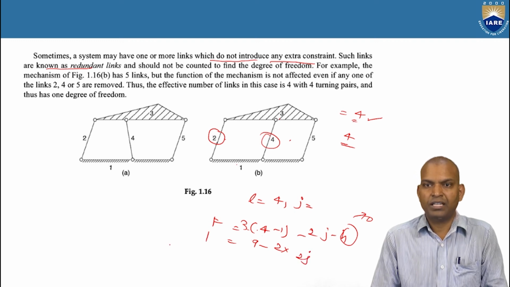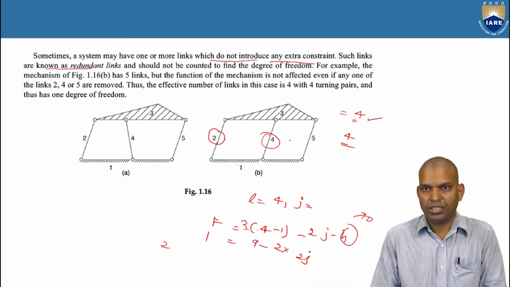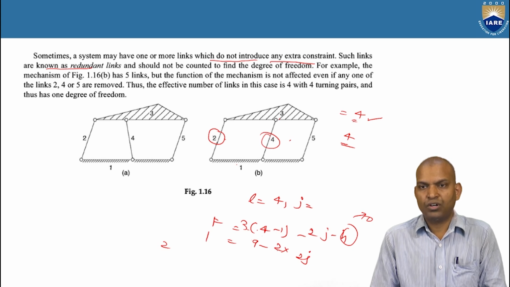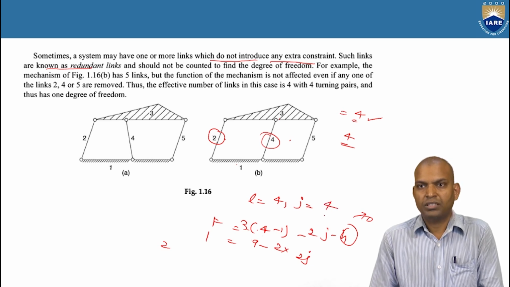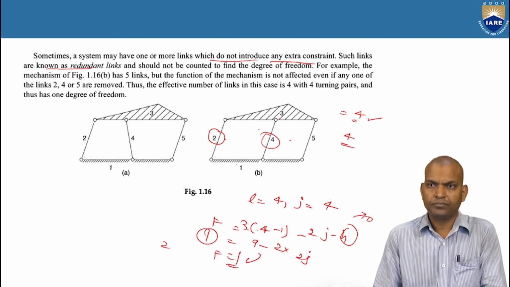From this we can calculate number of joints equal to 4. If J equal to 4, then substitute over, it becomes single degree of freedom equal to 1.